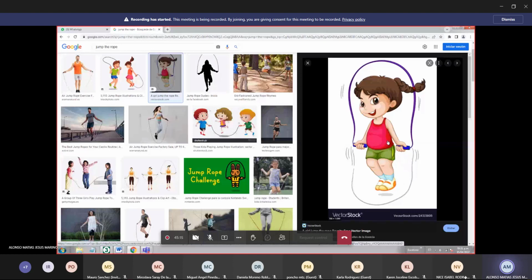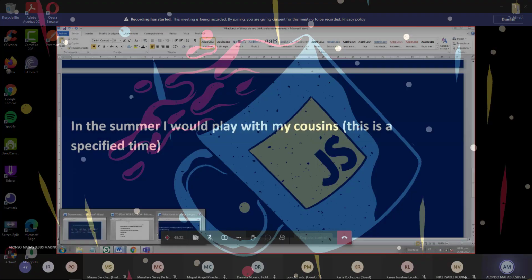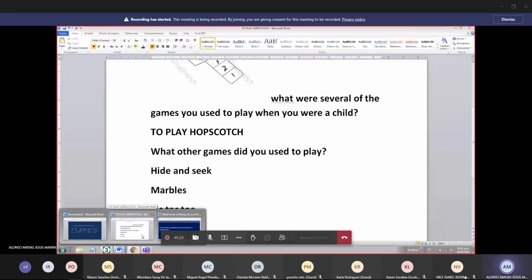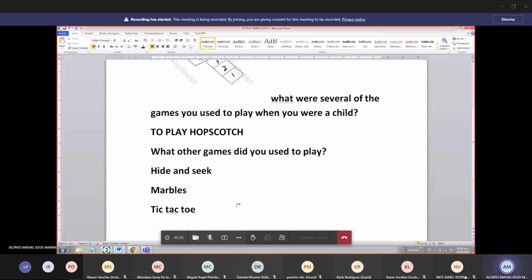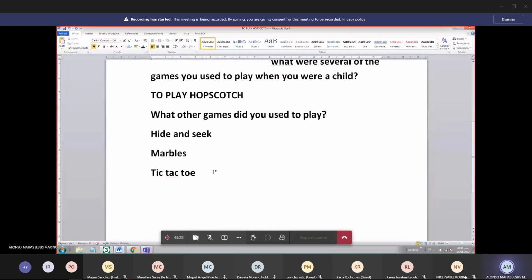Oh, yeah. Okay. With this example, we can make some sentences using used to. For example, I used to play tic-tac-toe when I was a boy.